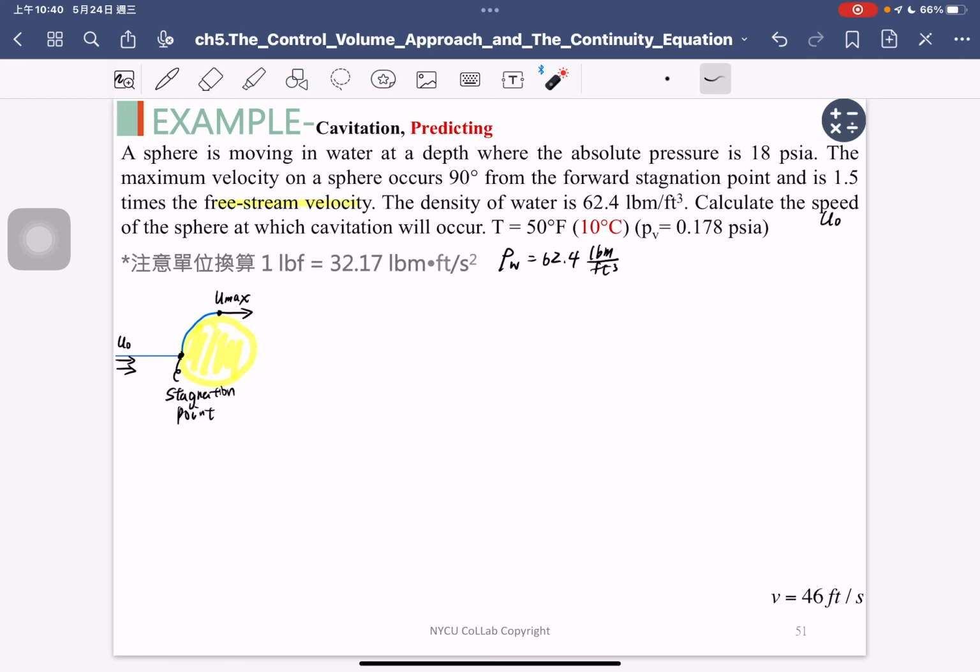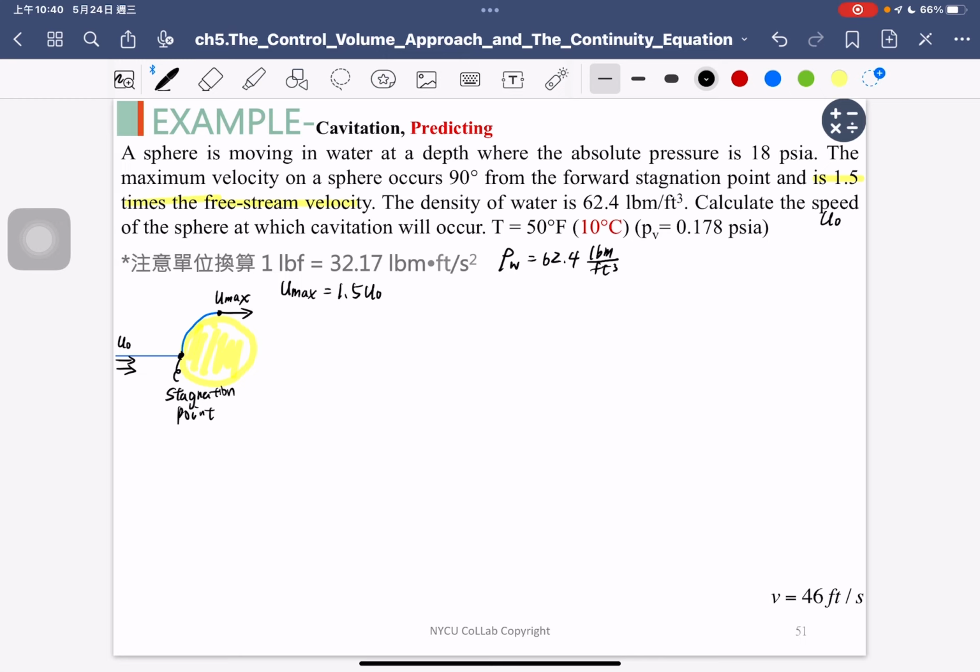Okay, and there are some conditions. We know that the maximum velocity is 1.5 times the free stream velocity. So we know that the relationship is U maxima here equals 1.5 U0. Okay.